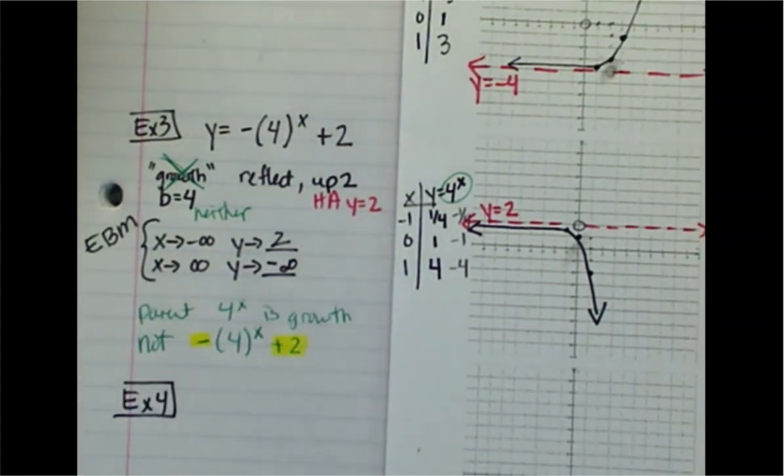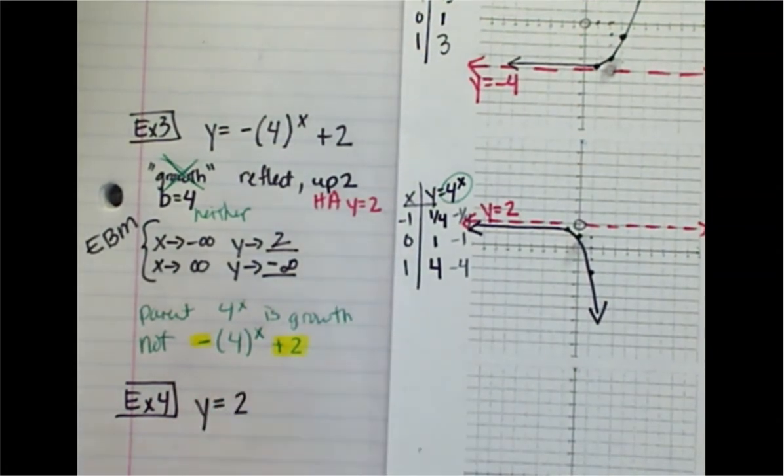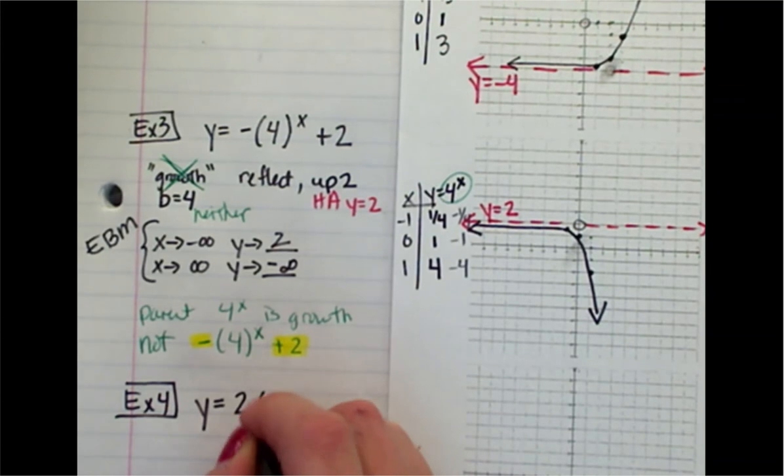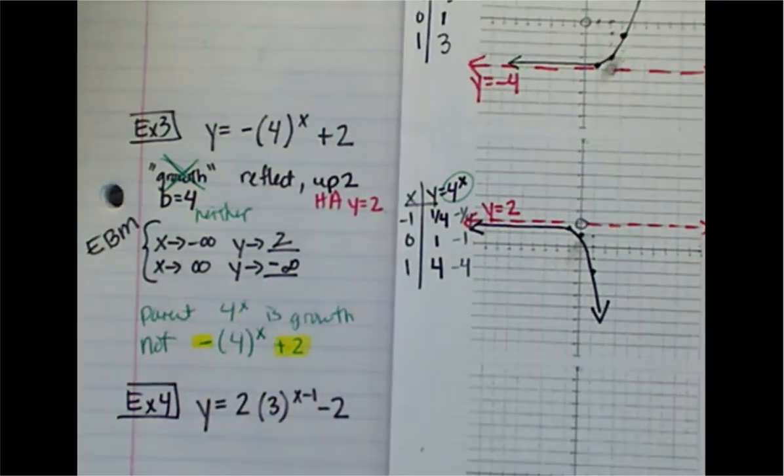Okay, example 4. Give me 1 second. Okay, y equals 2 to the 3, x minus 1, minus 2.